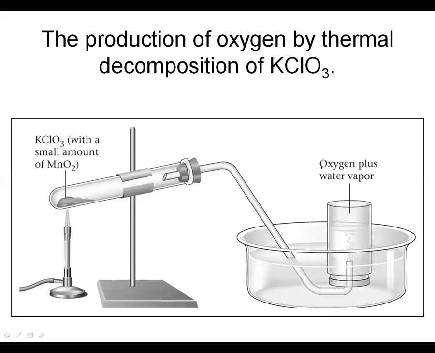And in that situation, what happens is, for example, here we have some potassium chlorate. And as we're heating this potassium chlorate, we're generating basically oxygen gas. And this oxygen gas is traveling through this tube and into this bottle.